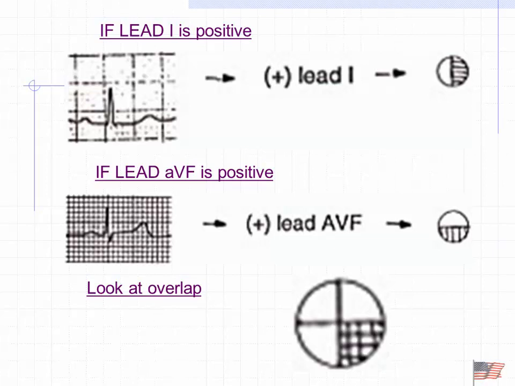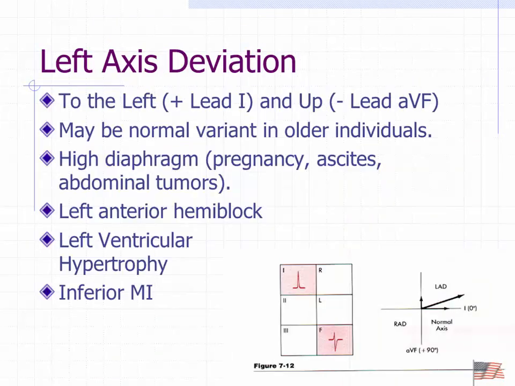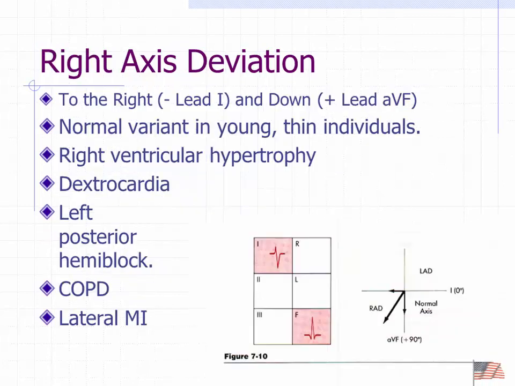Another way of looking at it is to draw it here in lead 1, on the left side or the right side. Here it's on the bottom, so when you blend the two of them, you can see where the deviation is, and that's normal.